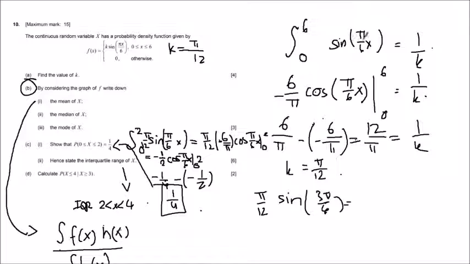Well, the integral of f of x is, I've already worked it out. It's minus 1/2 cosine pi over 6x. So what's the function?